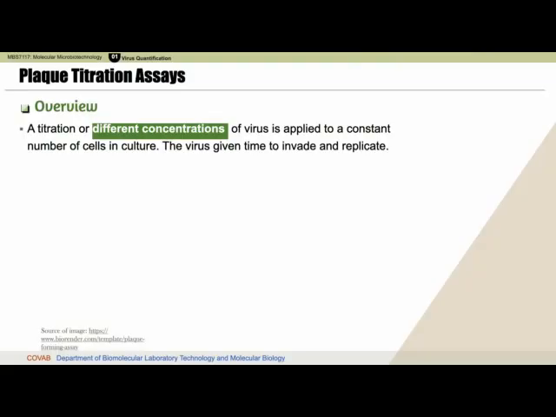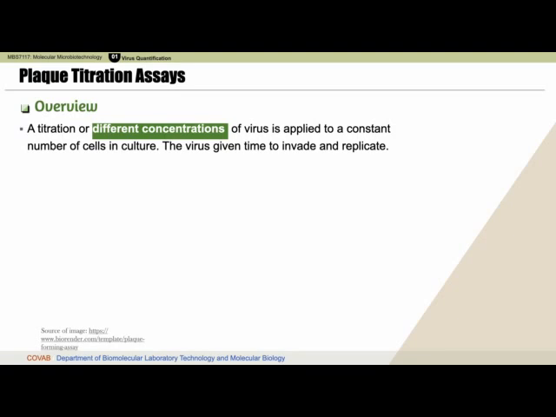So let's give an overview on the plaque titration assays, and we are going to start with a definition. A titration, or different concentrations of the virus, is applied to a constant number of cells in culture, and the virus is given time to replicate.